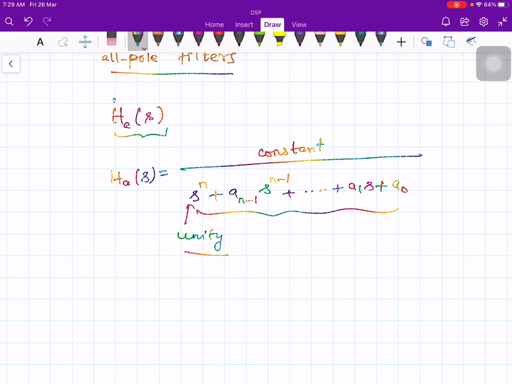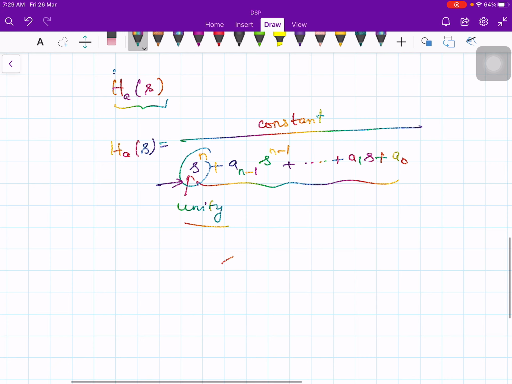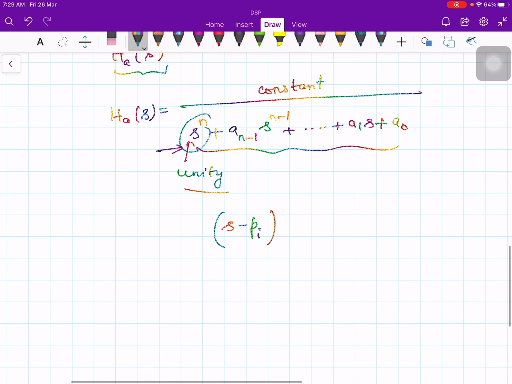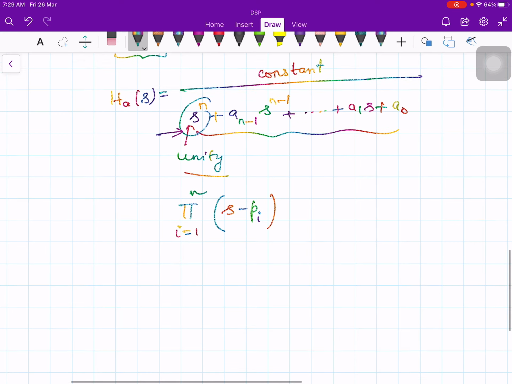You always make sure that the coefficient of the highest power is unity, because we will write the poles as s minus p_i, the continued product of (s minus p_i), where i goes from, let's say, 1 to n.